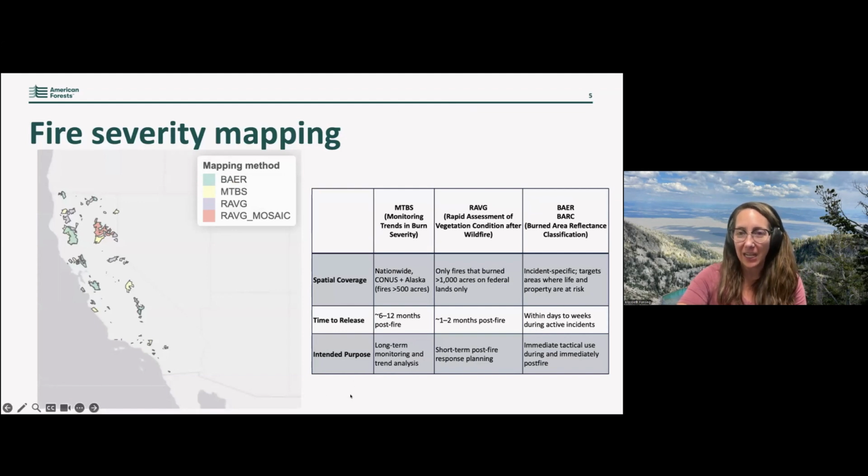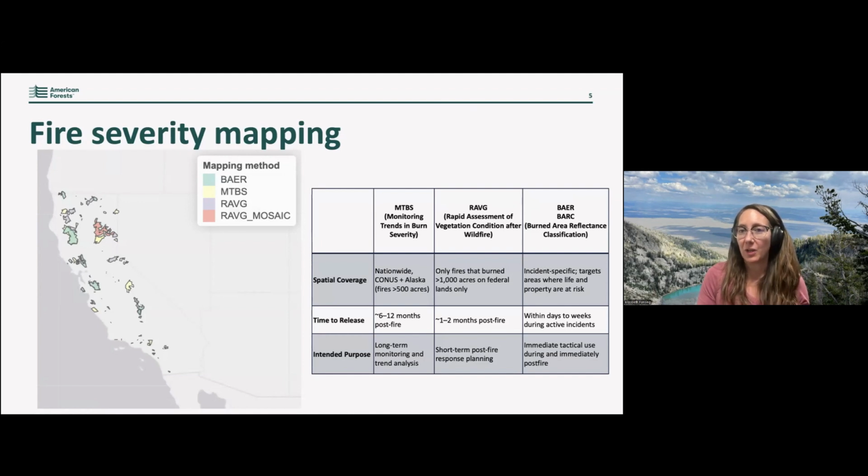If you look at this table on the right-hand side of your screen, MTBS, or the Monitoring Trends in Burn Severity, has the broadest geospatial coverage. They really look at every fire that has burned nationwide since 1984 across both CONUS and Alaska. The constraint there is that the fires have to be larger than 500 acres. So anything smaller than that is not included in these maps.